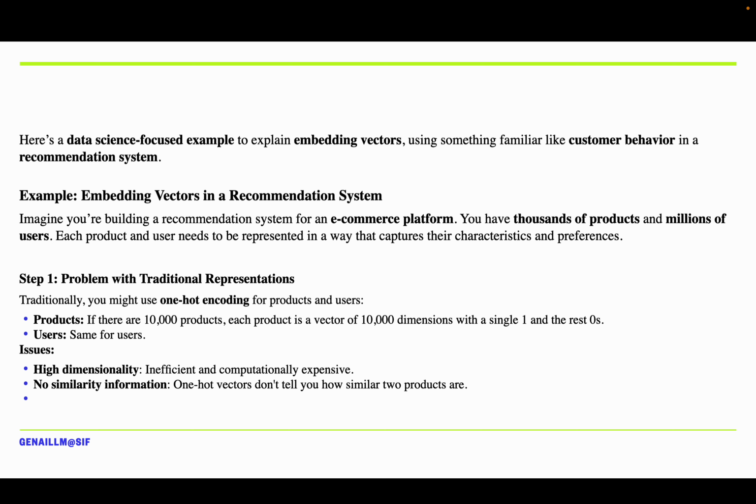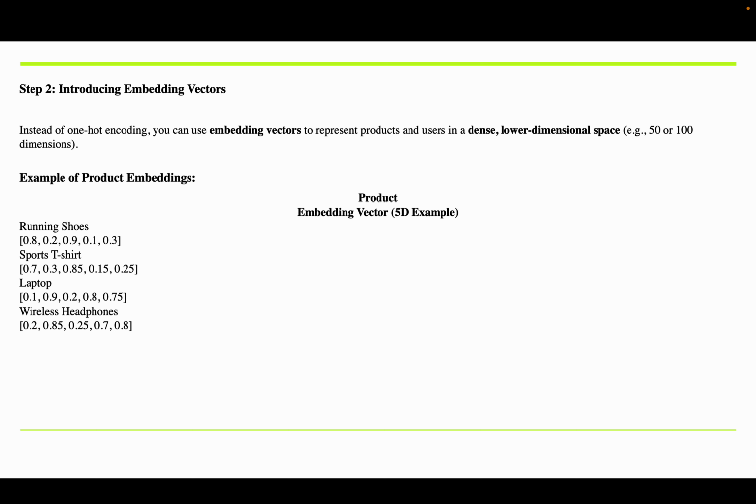One-hot encoding doesn't tell you how similar the products are. So, introducing embedding vectors: instead of one-hot encoding, you can use embedding vectors to represent products and users in a dense, lower-dimensional space. It consumes less space and is computationally less expensive.